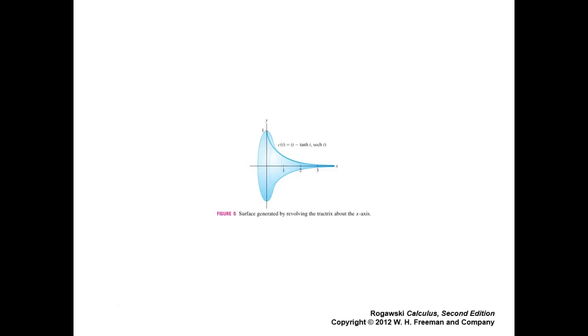Number 4. A particle travels along a path from 0, 0 to 3, 4. Okay? What is the displacement?